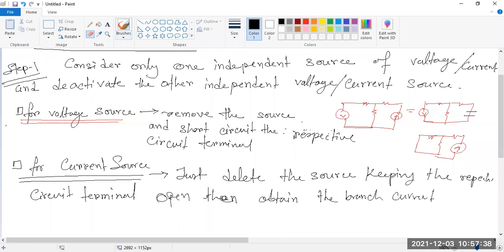If you want to replace the current source, you have to put open. But if you want to replace the voltage source, then you have to short. This is short, and this is open.